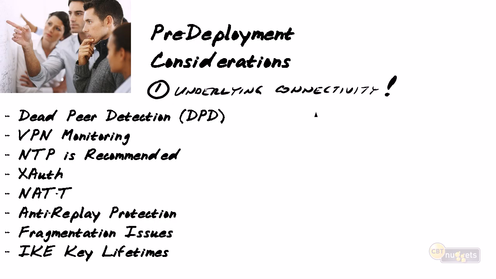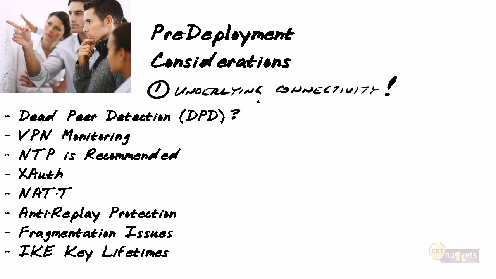Now, along those lines, we're going to ask ourselves, are we going to use some of these particular implementations? For example, IKE doesn't have any way to tell if the VPN peer is failing during the communication. You won't even really know if the VPN has failed, at least until your keys expire and then the renegotiation occurs and then that fails. Okay? So there's a standards-based feature called DPD that can be implemented.